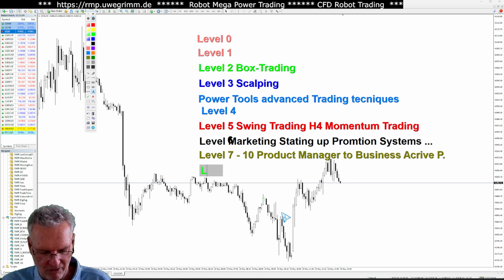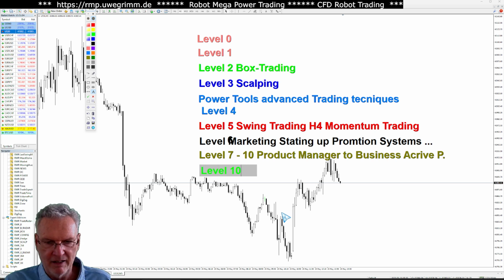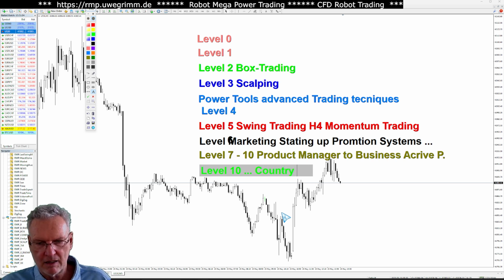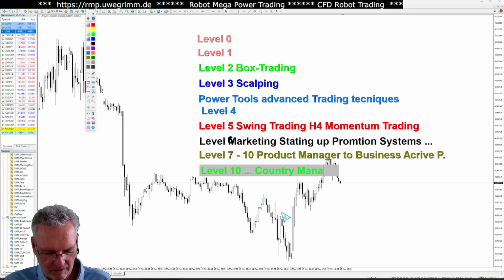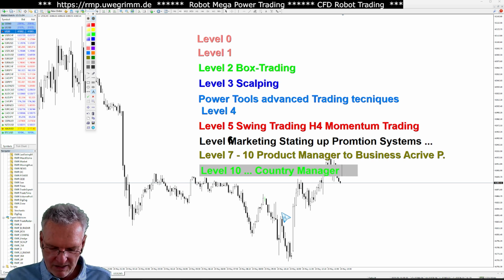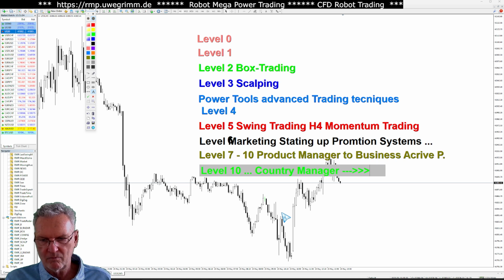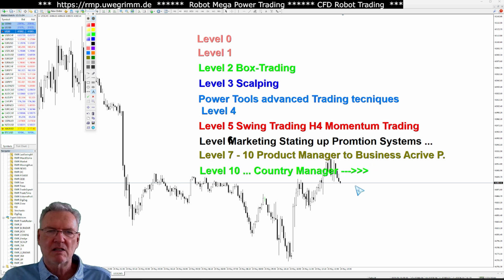From level 10 on, this is already for country manager and so on. So that's more or less the system.